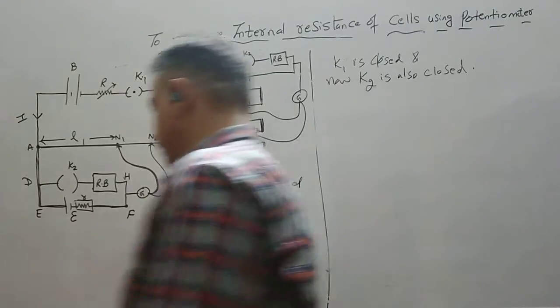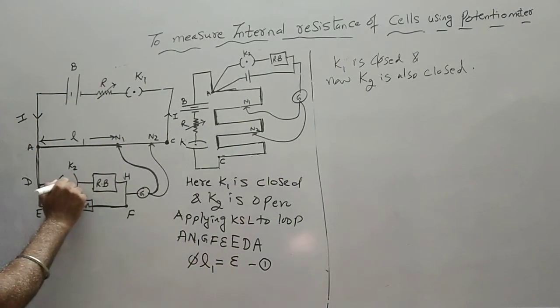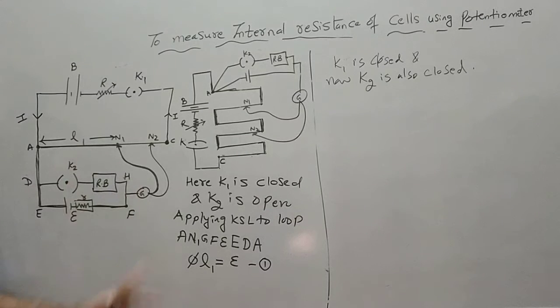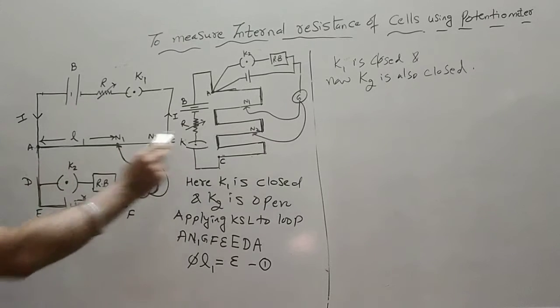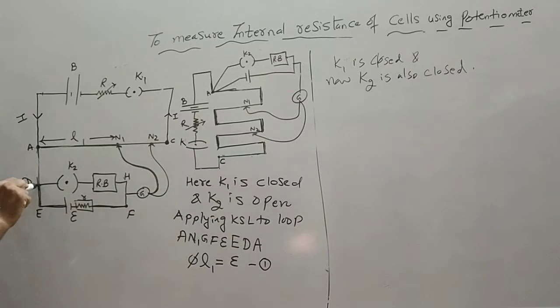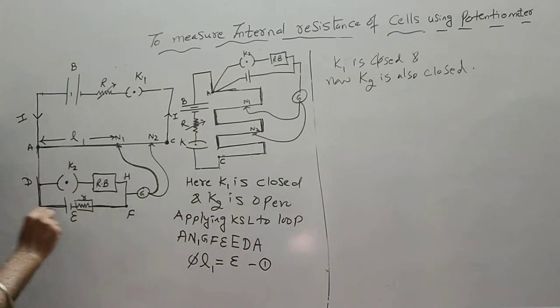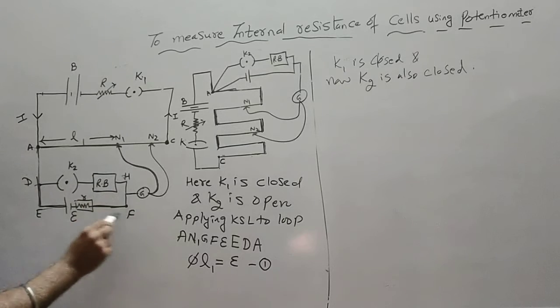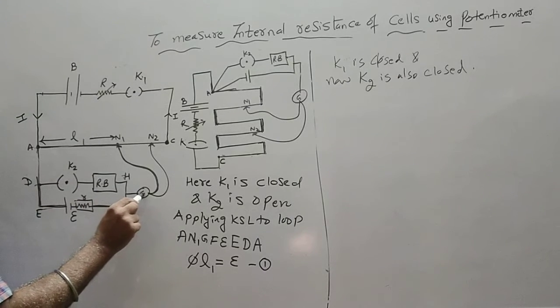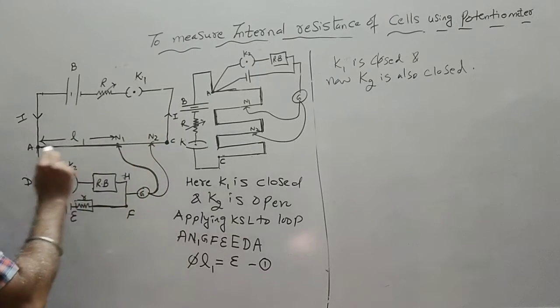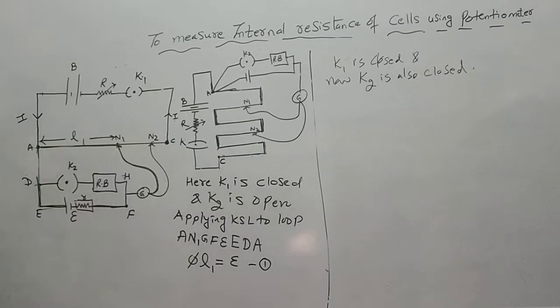Now if I close this K2 and the galvanometer shows a deflection, it means the current I came to junction A, it is divided, it flows through this path, some part of the current comes to D, again some part will flow through it, some part will flow through this path, both currents will meet or pass through the galvanometer, then from this point this current and this current will meet, and again I will get I. So the galvanometer is showing the deflection.